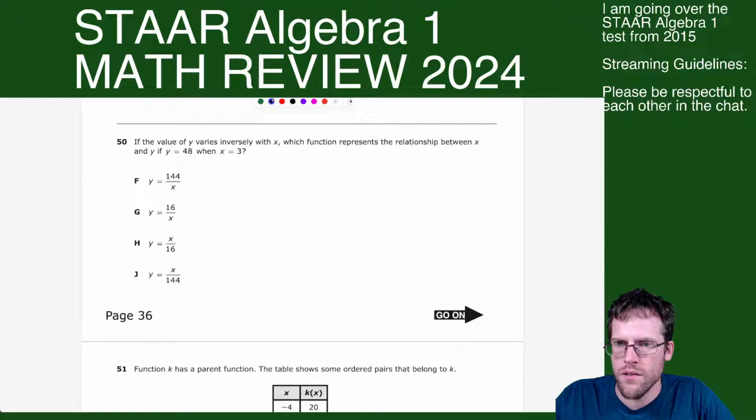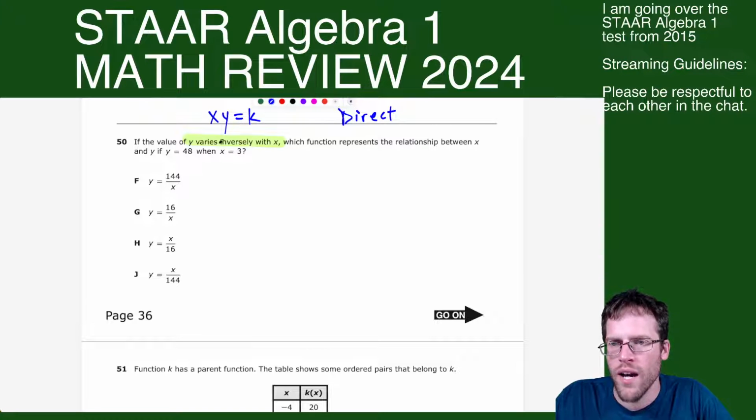So here, this one is a formula. When you hear the phrase y varies inversely with x, that's x times y equals a constant. Direct variation, or directly proportional.